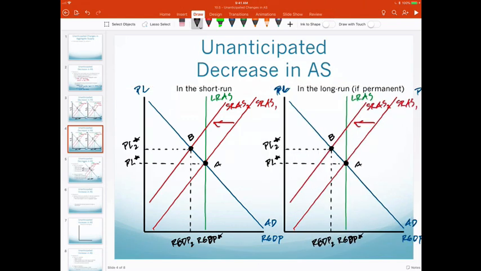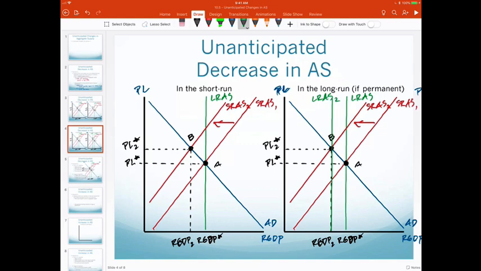Okay. All right, so now on the left here, if it's permanent, our short-run aggregate supply curve stays shifted over to the left there, and the long-run aggregate supply now decreases because we permanently don't have access to these resources. LRAS 2, okay.